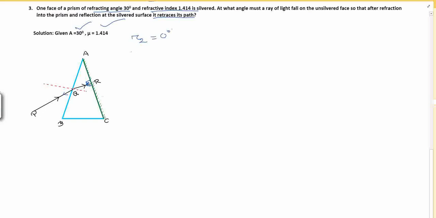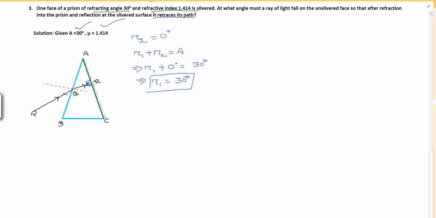But we know that R1 plus R2 is equal to A. This implies R1 plus 0 is equal to A, which is 30 degree. So from this we have R1 is equal to 30 degree.